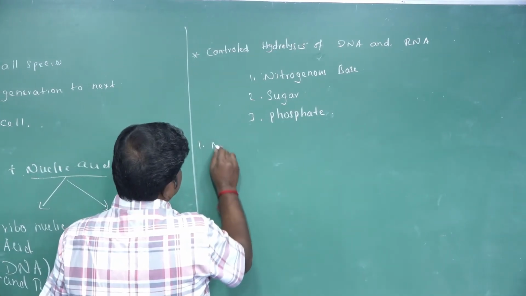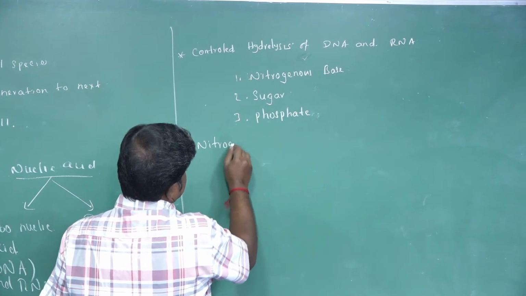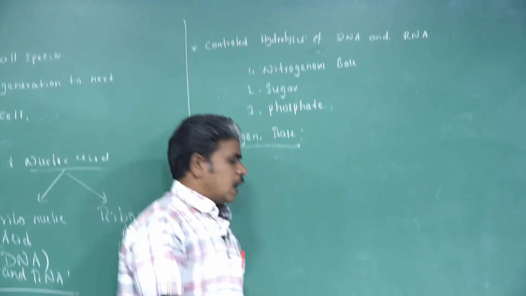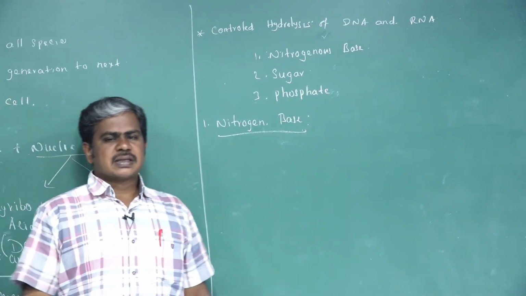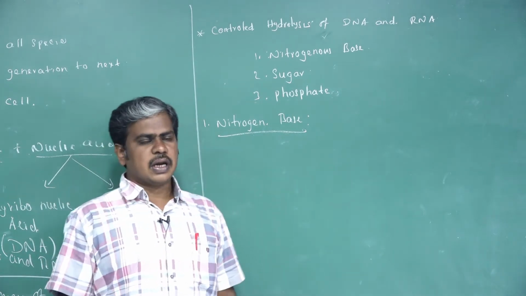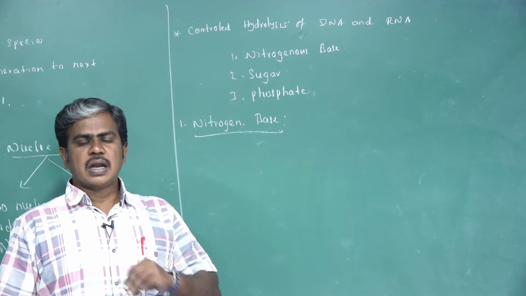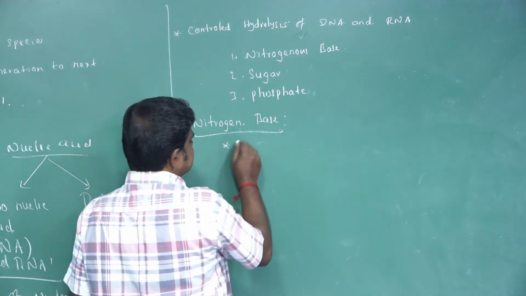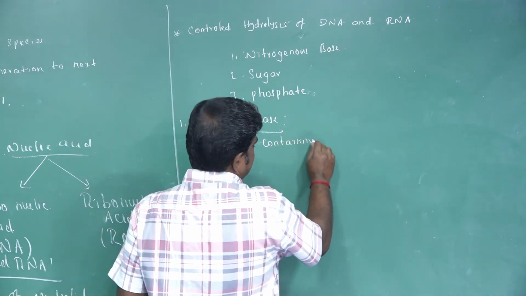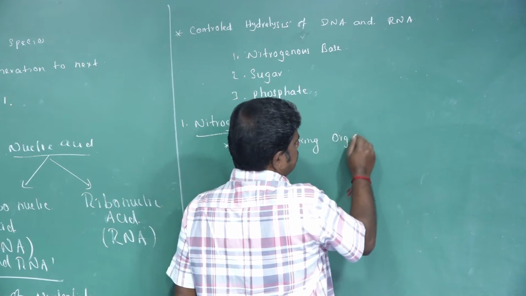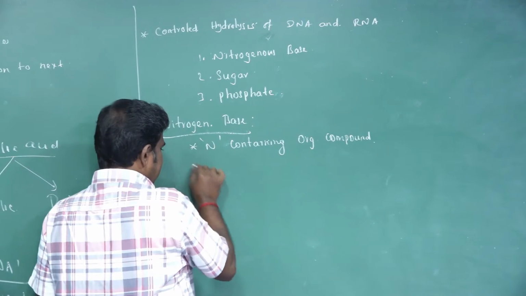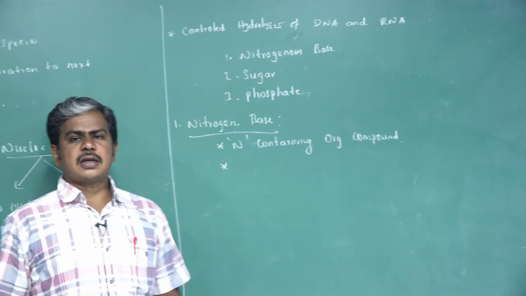The first one is nitrogen bases. The nitrogen bases are nitrogen containing organic compounds, mainly derived from purine and pyrimidine.